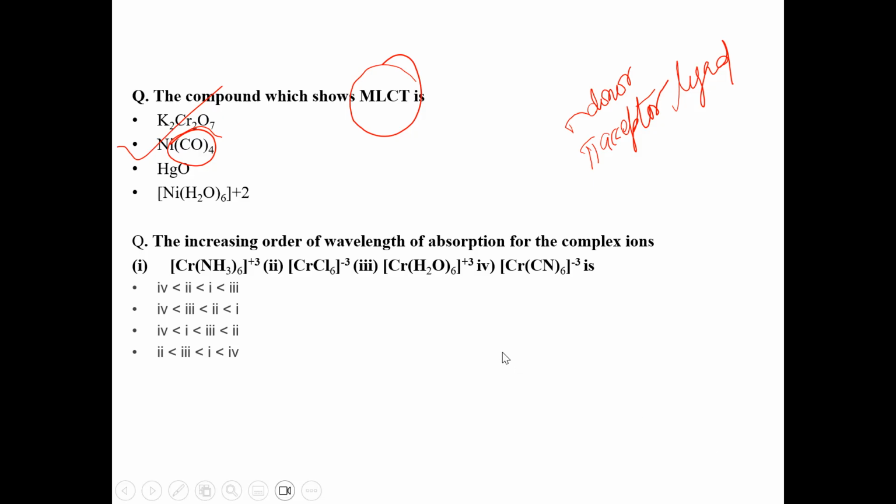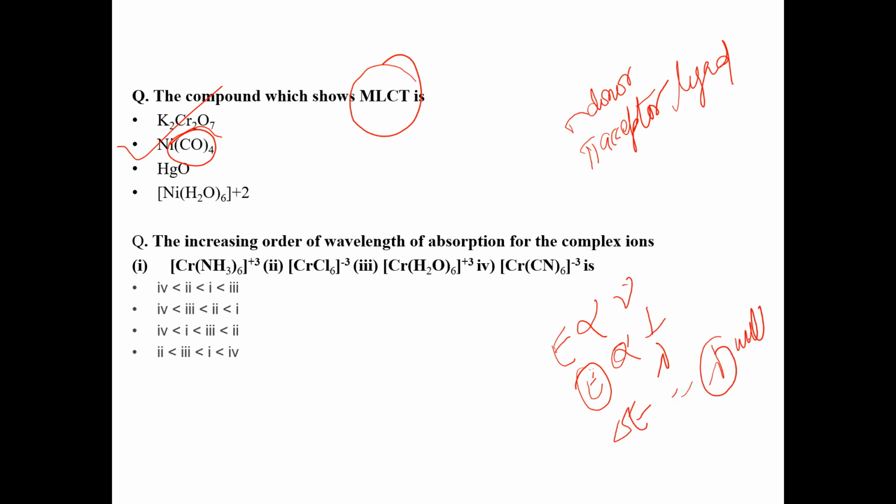Increasing order of wavelength of absorption for the complex ions. The wavelength is inversely proportional to the frequency, so the higher the energy difference, the lower the lambda will be. In case of this, because it is a strong ligand, the energy gap will be higher and lambda will be low.